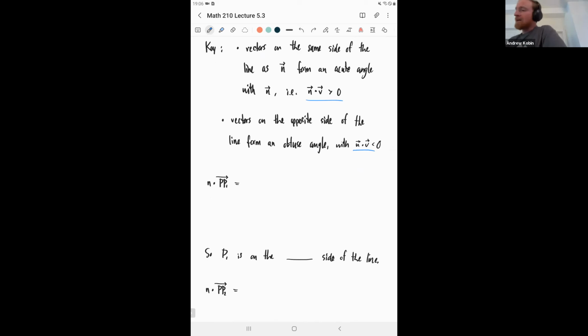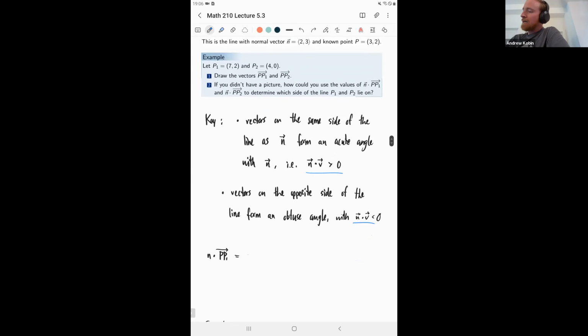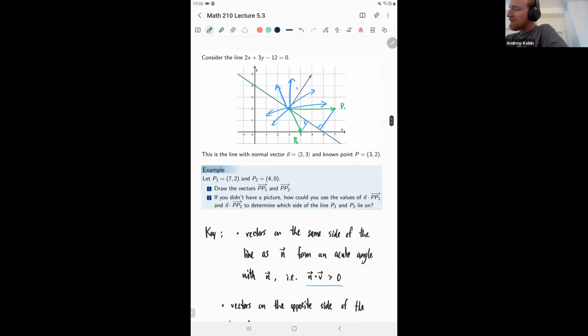For n dotted with P to P1, we need to go back and look at our normal vector n. That was 2 comma 3. And we want to dot this with the displacement vector from P to P1, which we actually didn't even compute.